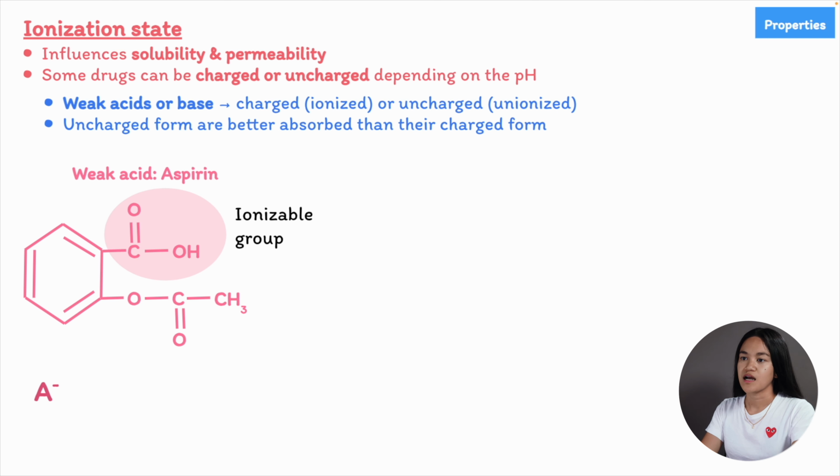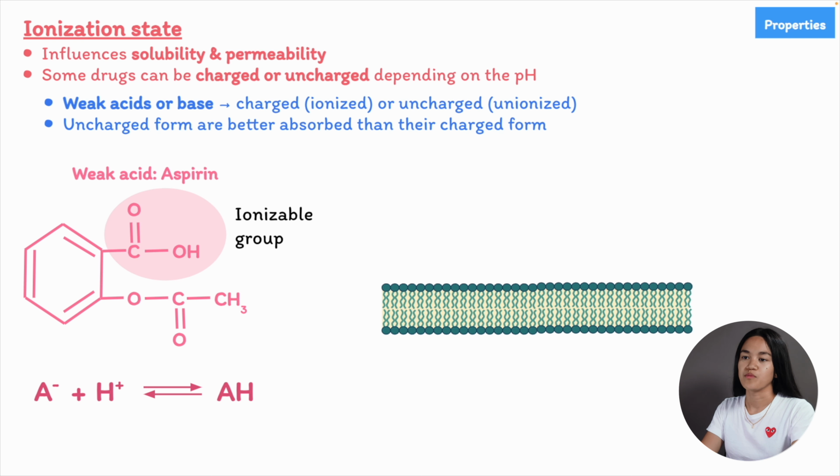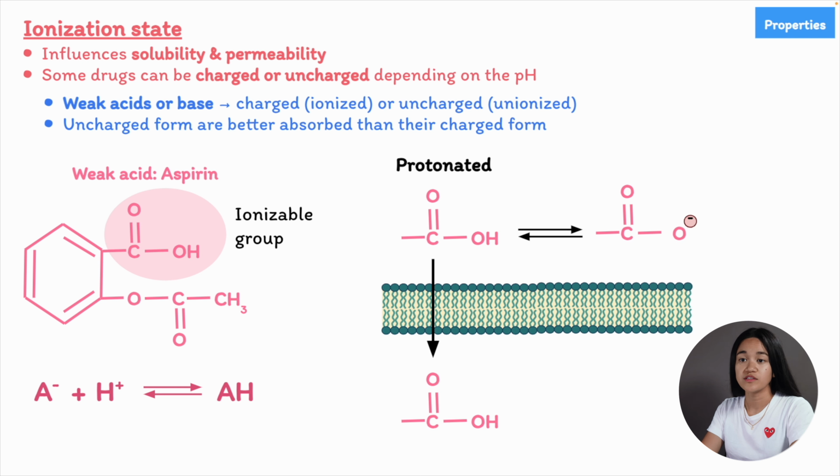The protonated carboxylic acid, or the charged carboxylic acid. So it can exist under the charged A- form or the uncharged form AH, so it's protonated. This form here, again, is the protonated form, which is neutral. So it doesn't have a charge, it's incognito.